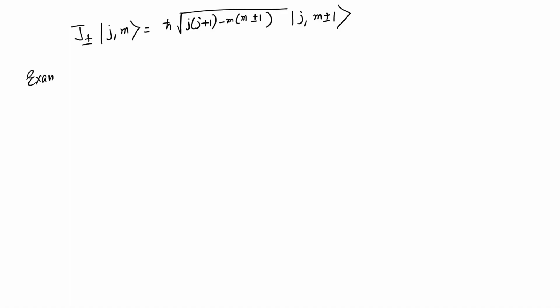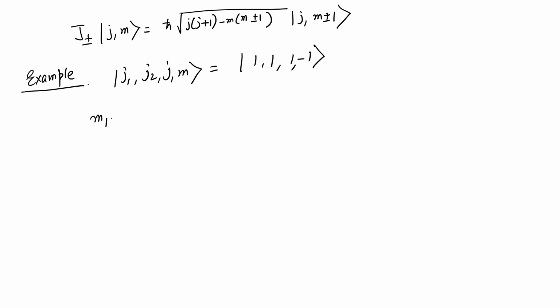Let us have j1, j2, j, m given as 1, 1, 1, minus 1. These are the values that are given, and now you have to find the corresponding j1, m1, j2, m2, and which combinations of m1 and m2 will give rise to this state. That will give you the coefficients, and the mod square of the coefficients will give you the probability of finding them in those states.